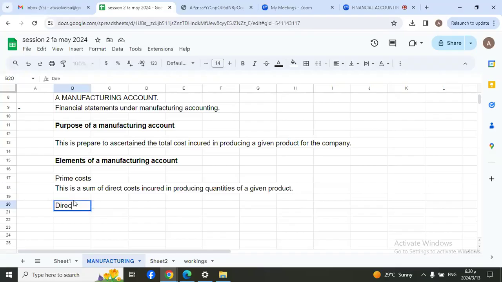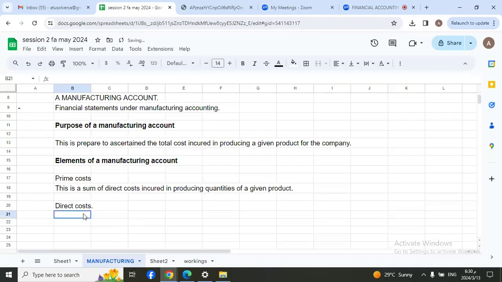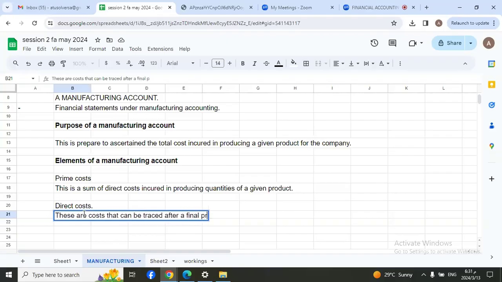Let's look at direct costs. Direct costs are costs that can be traced after a final product has been produced.